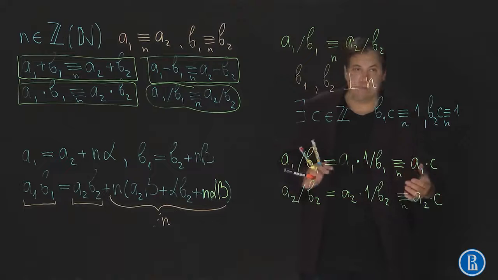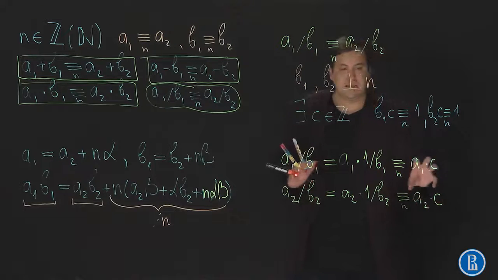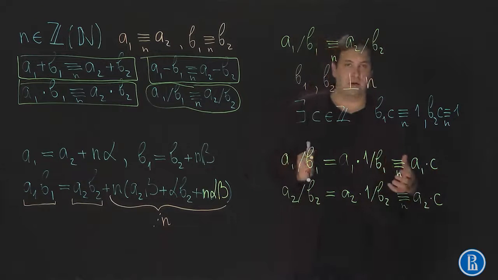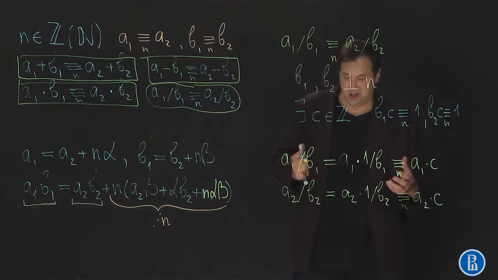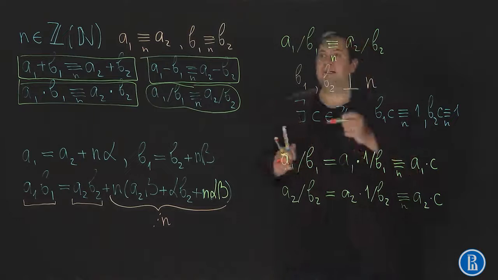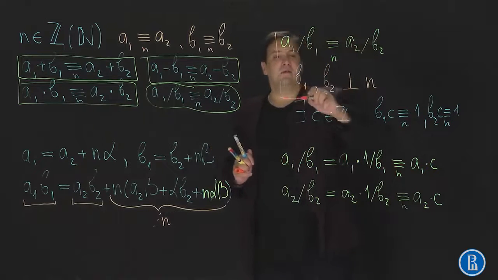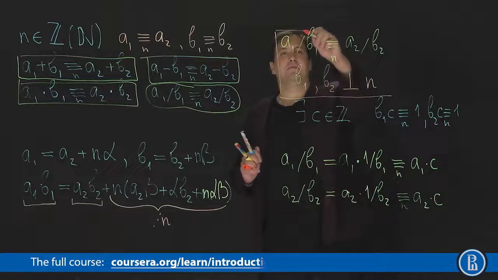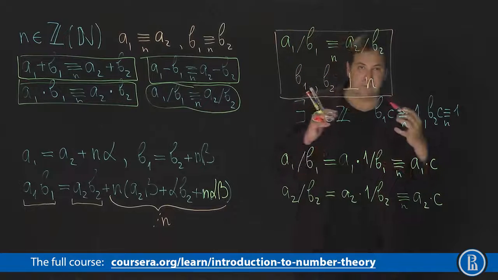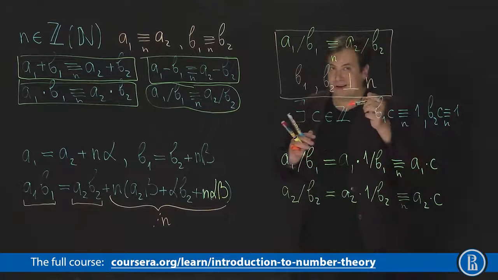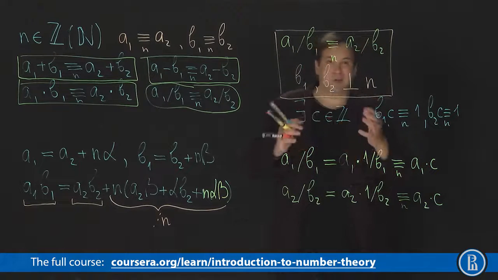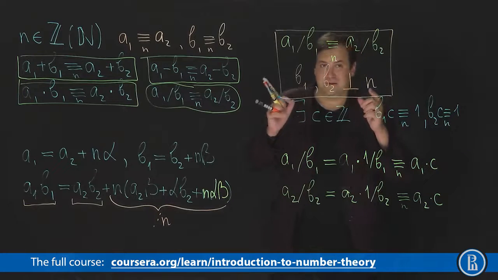Thus, multiplying them both by c, we will gain, once again, congruent integers. So please remember that in case b1 and b2 are mutually prime with n, then you can divide modulo n.